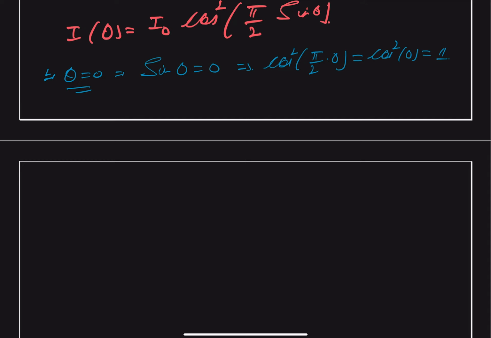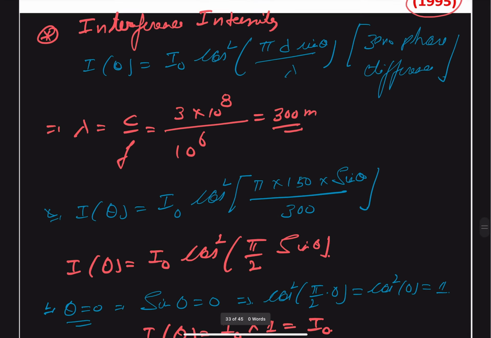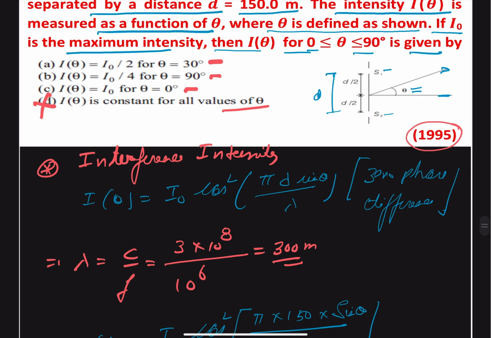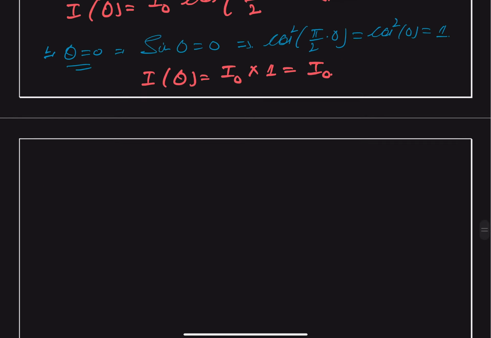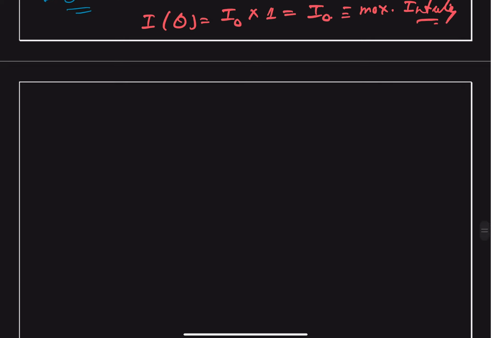So I theta will be equal to I naught multiplied by 1, which is I naught. So this option is correct, that is C is the correct one, and this is our maximum intensity.